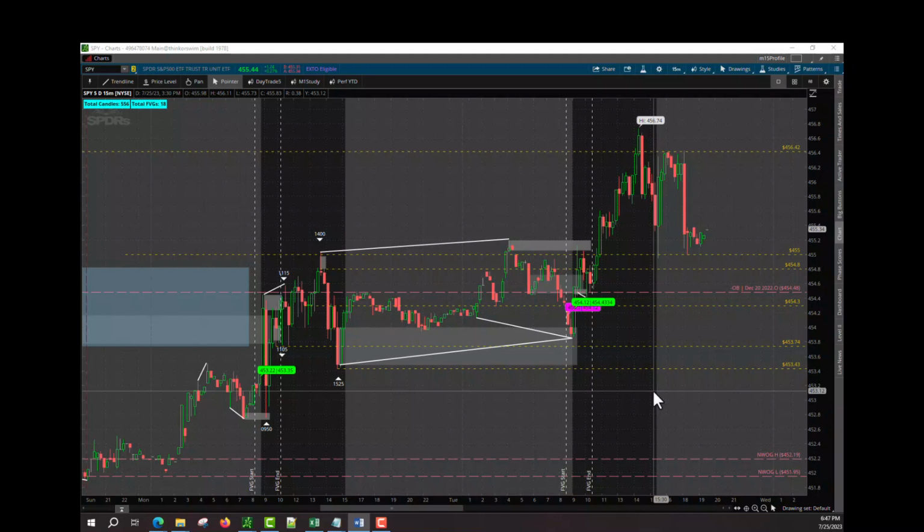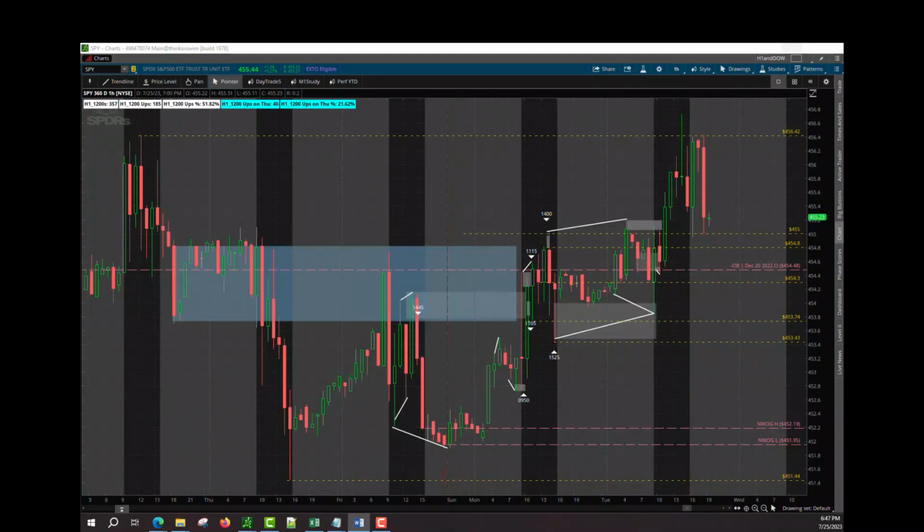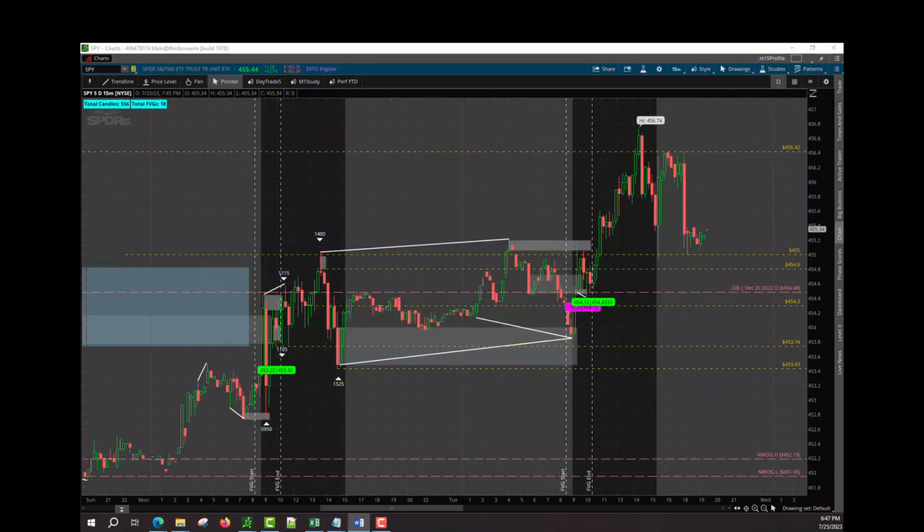So let's see how we anticipate from here to Wednesday, what the market is going to do on Wednesday. Okay, let's take a look at the 1 hour time frame, first look at the 4 hour time frame. Let's see if we see anything.